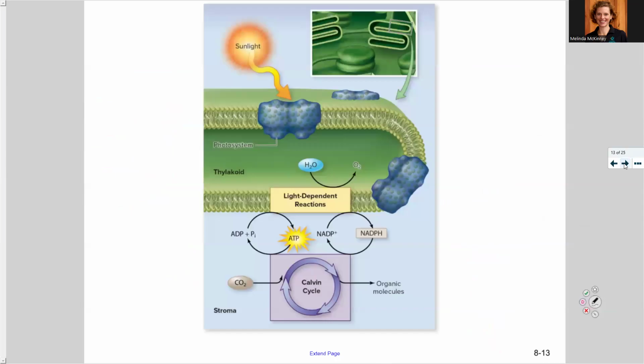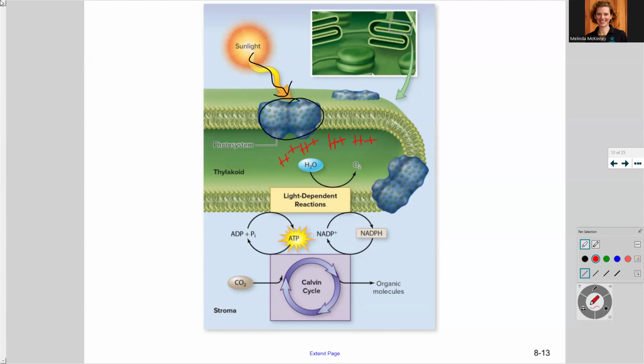Oh no, this is the summary slide. I won't go over the whole thing again. I believe this one is from your book, right? So the sunlight's coming in. This is the photosystem where the light is absorbed. It's not showing all of the electron transport chain, but what will happen is that the hydrogen ions are going to be placed in here. They're going to fill up this internal space.